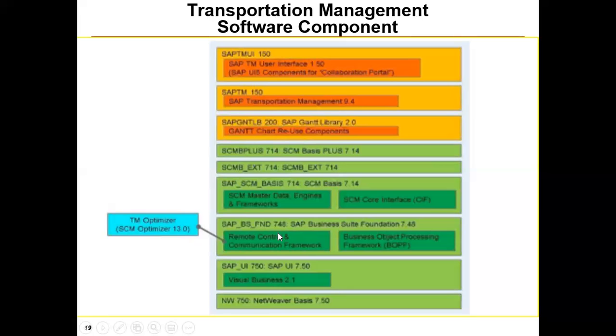Next, we can see some foundation parts of the business suite, like remote control communications or the business object processing framework. They are used especially for mobile devices, maybe laptops at mobile locations, iPhone, iPad, PDA, or Android mobile devices.